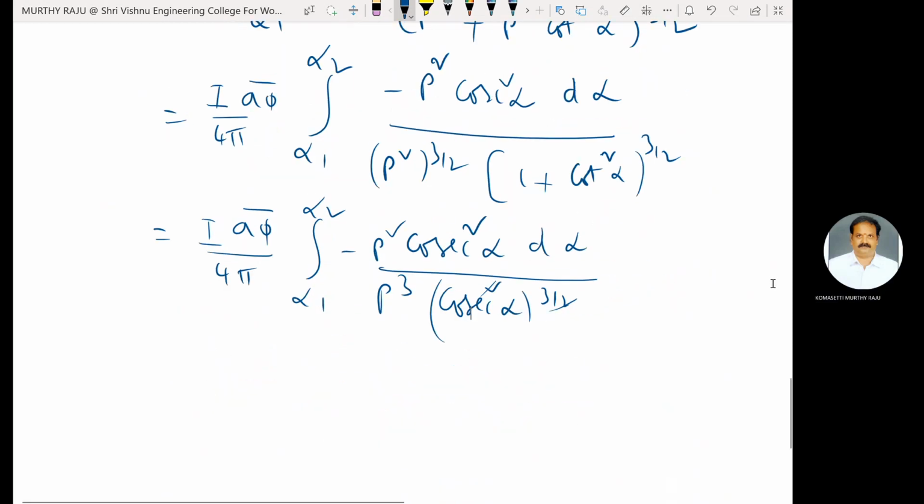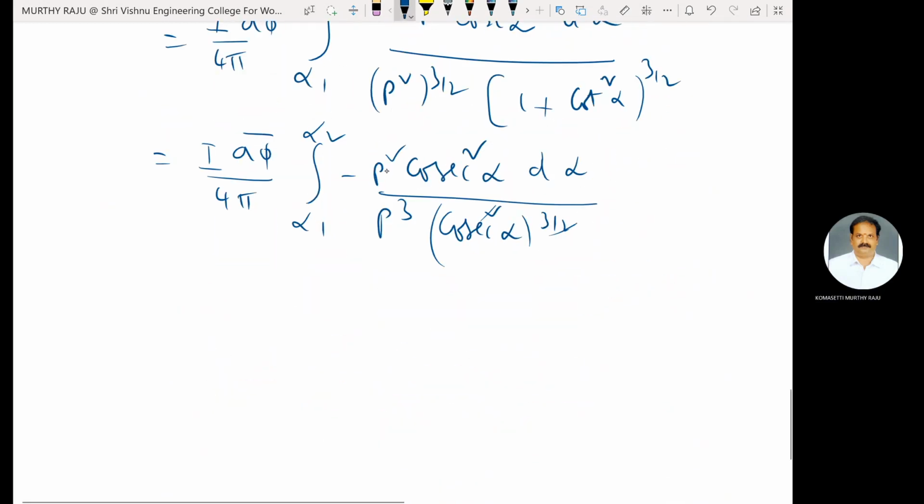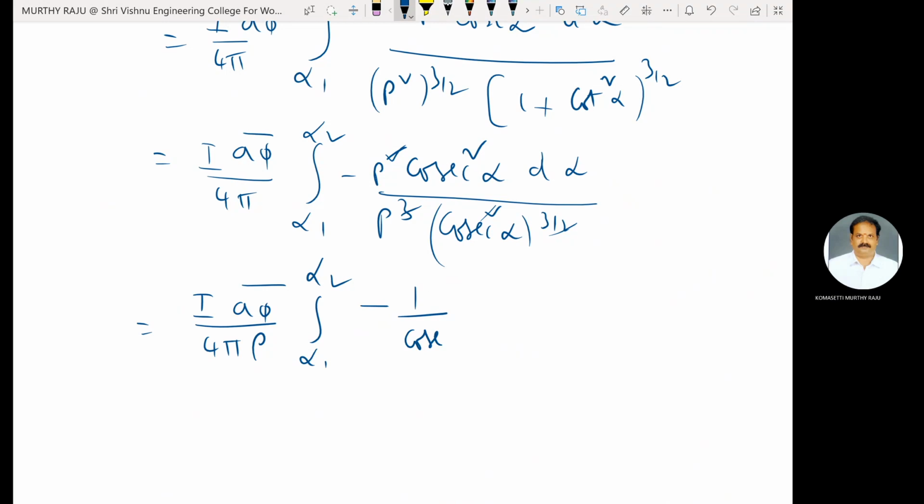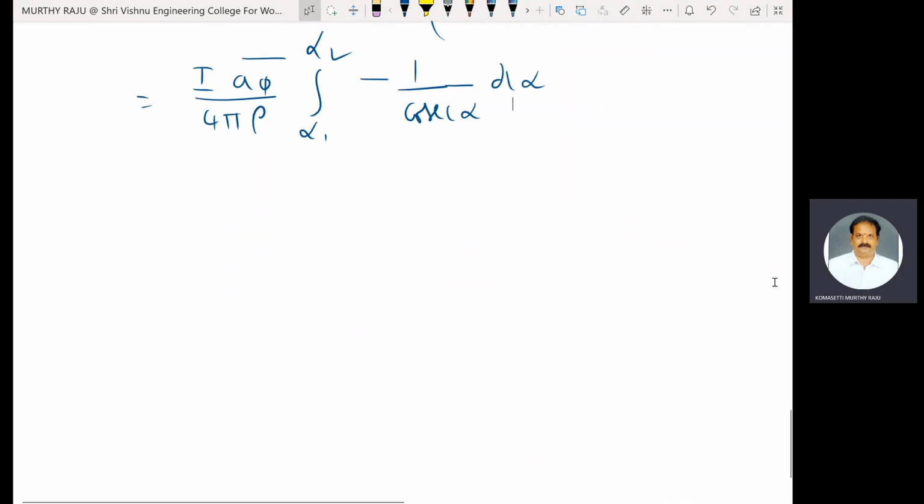Therefore rho cancels, rho square by rho cube is 1 by rho. So I a phi by 4 pi rho, integral from alpha 1 to alpha 2 of minus 1 by cosecant alpha times cosecant alpha d alpha.